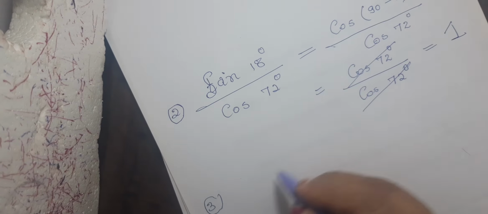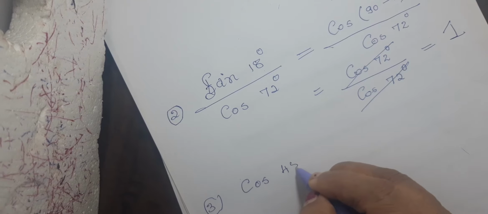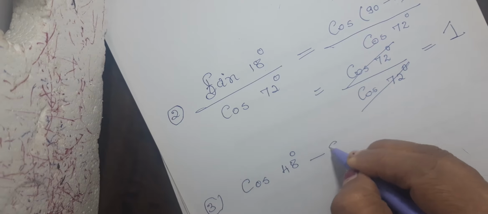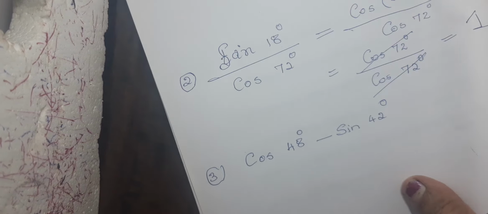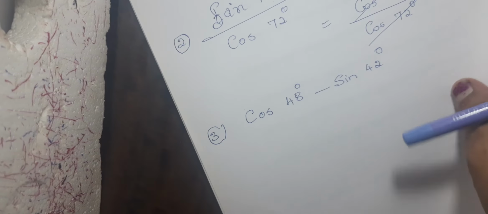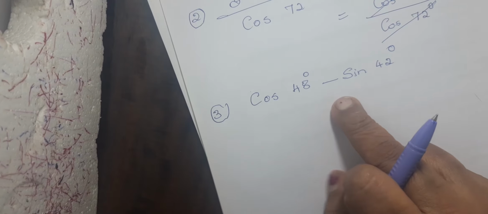Now third problem. It is not only division sums, there can be a sum like this also. Cos 48 degrees minus sin 42 degrees. Here it is minus.